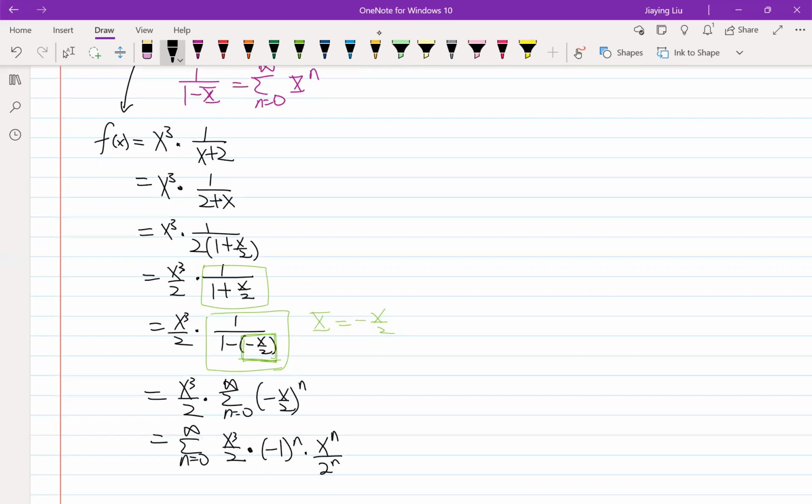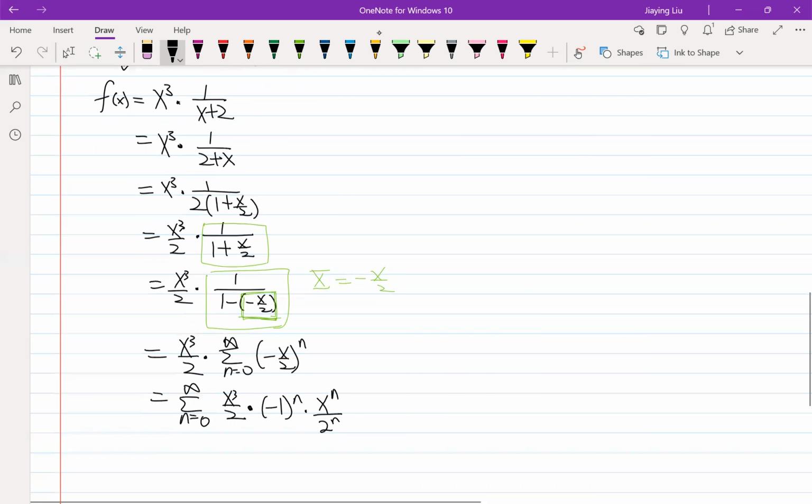We're almost done with this problem to find the power series. The next step is just to combine all the terms that we could combine. So that's a sum n from 0 to infinity. What do we have? We have negative 1 to the n. And then we have a denominator: we have 2, and then we also have 2 to the n. So that's 2 to the n plus 1. For the x terms, we have x cubed, then we have x to the n.